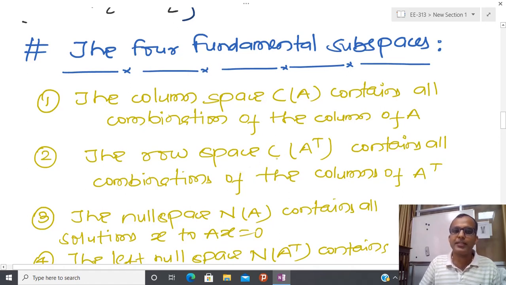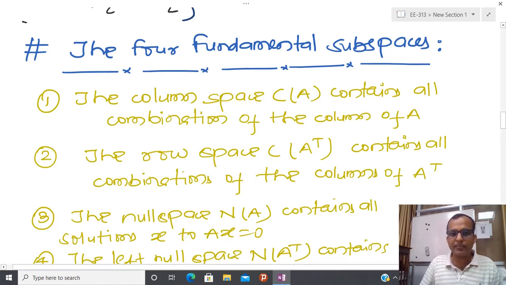For the time being I am assuming that, but do not worry, even if you do not know about vector spaces or the definition of a subspace, you are still able to visualize it using this example. And if I have time, then I will talk about vector spaces, everything from linear algebra which is required for several parts of this course.